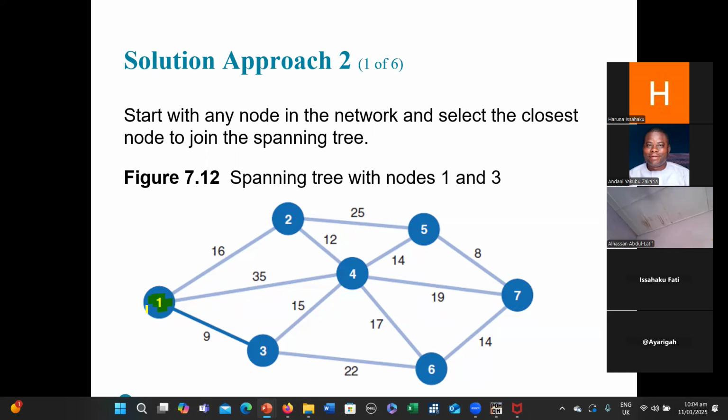Now, from node 1, we ask ourselves, what is the closest distance?